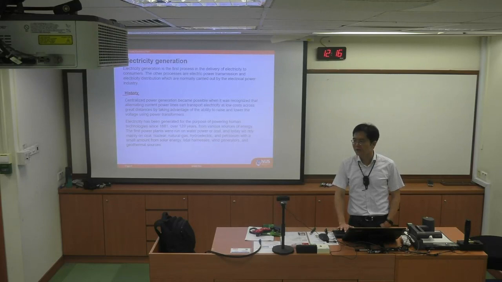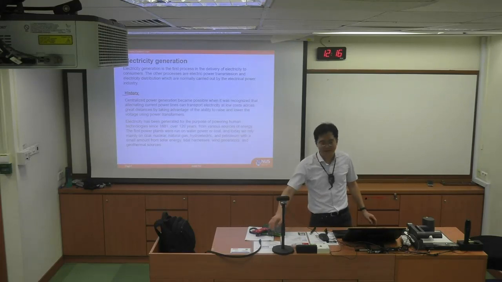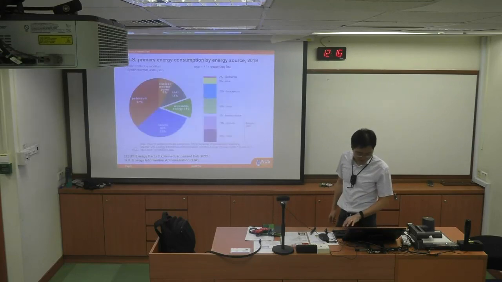Have you seen the movie called The Current War? That's the competition between Thomas Edison and Nikola Tesla. Nikola Tesla was a supporter of AC. Thomas Edison was the supporter of DC. Anyways, you know that AC won, and there's a good reason for it. We're coming to that in the coming slides.